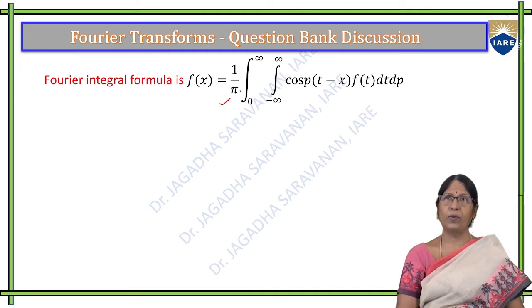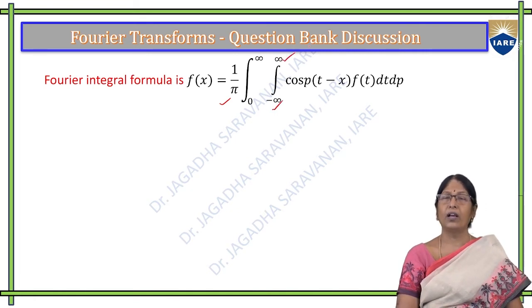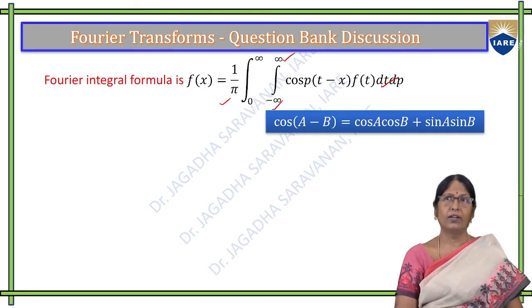f(x) = 1/π ∫ from 0 to ∞ ∫ from −∞ to ∞ cos p(t − x) f(t) dt dp. Here in this formula we have to see how to solve.